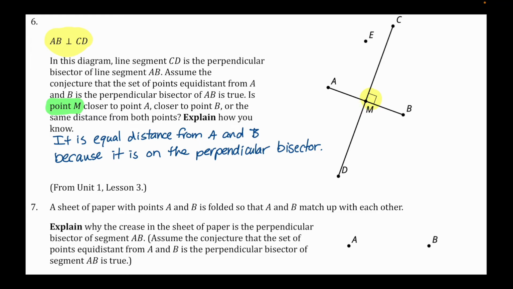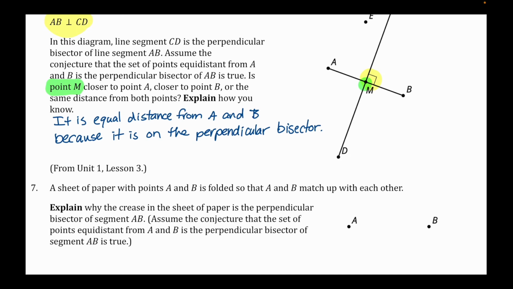So I'm just going to put that little green dot on M just so that we can see, oh, hey, it's actually point M, not point E.